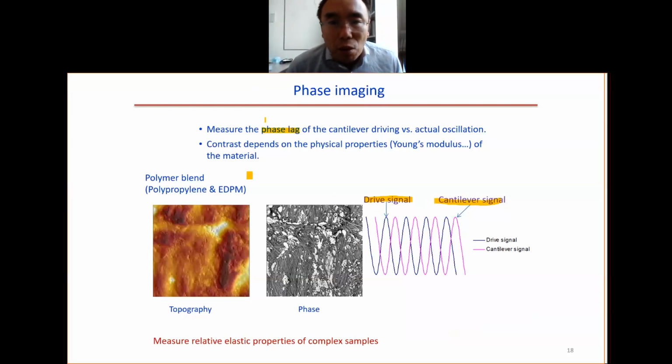You can see this signal lags behind the drive signal. How much is the lag? This determines whether the sample is soft or hard. For soft material, there will be more lag. For hard material, there will be less phase lag. This way, you can tell the hardness of the material, the Young's modulus of the material.